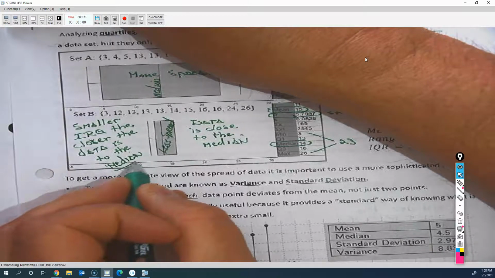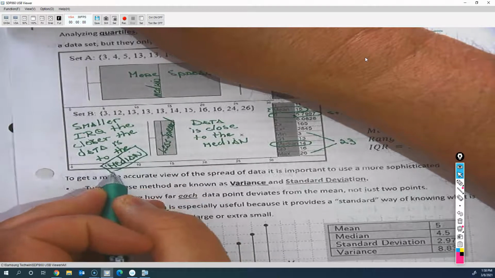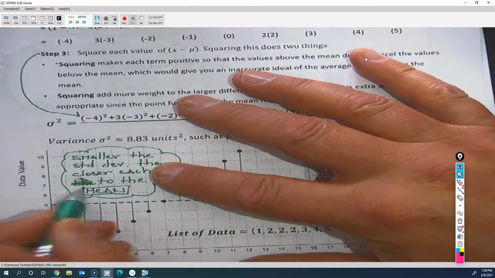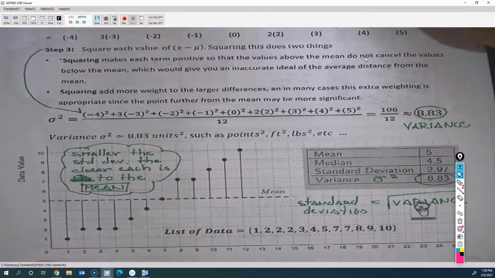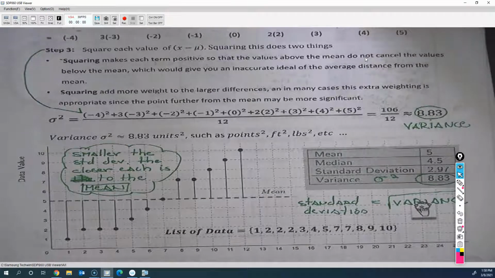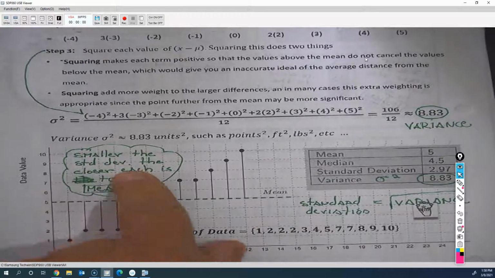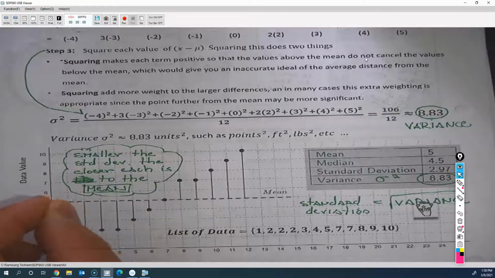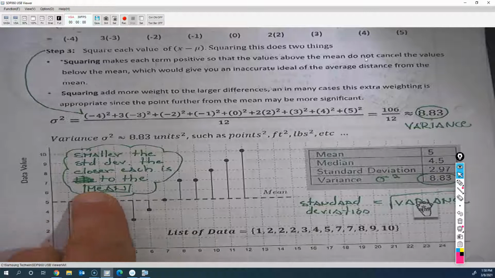See, this one says median, whereas standard deviation says mean. So when an IQR is small, all of the data is close to the median. When standard deviation is small, all the data is close to the mean.